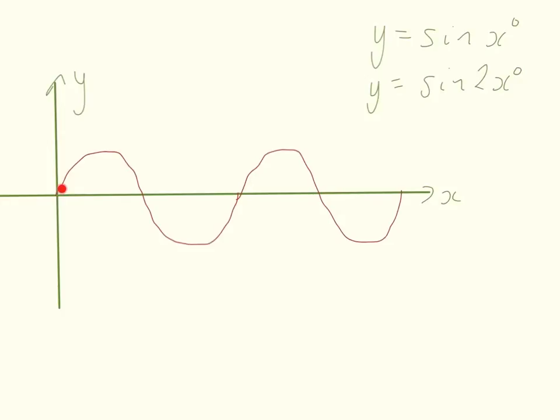Okay, so I've got 1 revolution here, 2 revolutions here. So the period is how many revolutions there are within the 360 degrees. So after 1 revolution would be my halfway point, which would be here.